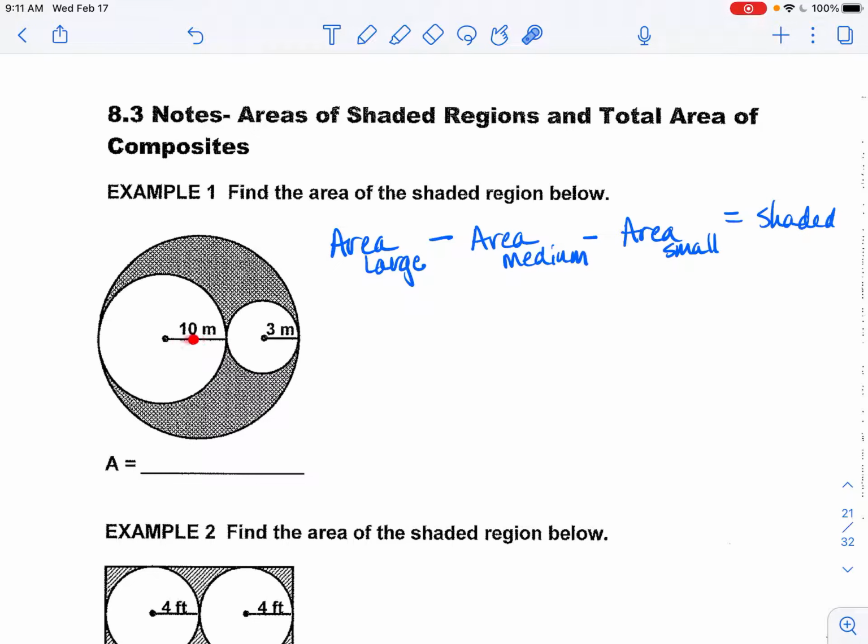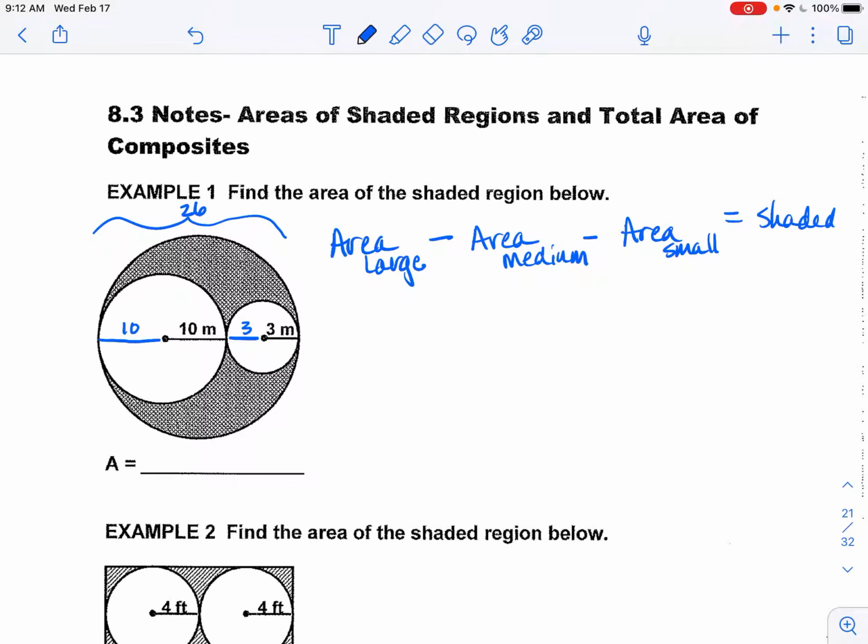If I know that this piece is 10, that means this piece is also 10. And if this piece is 3, then this piece is also 3. These are just radii, and radii are congruent. So the whole diameter of this large circle would be 10 plus 10 plus 3 plus 3, so that would be 26.